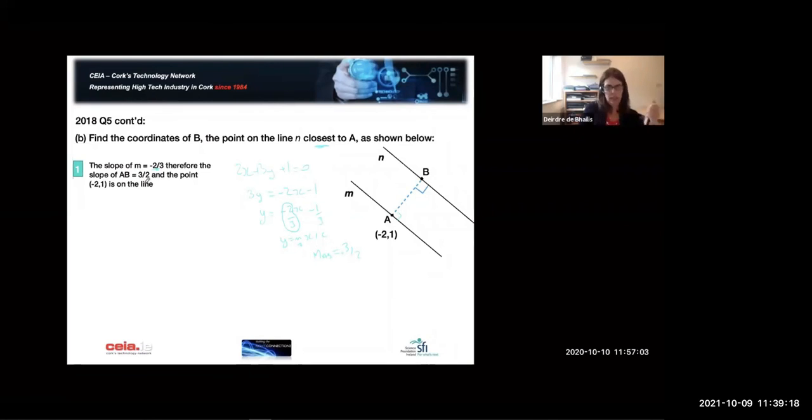So we have two slopes, and we have the point minus 2 and 1. If we know the slope and a point on the line, we can calculate its equation. We're using the general equation of a line formula, and populating that, there's our y1 and our x1, and this is our m.